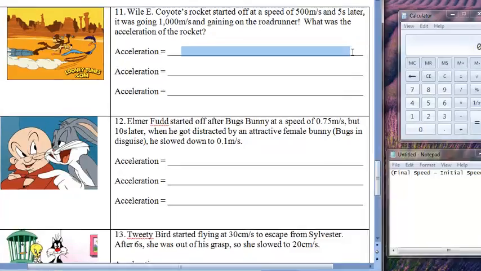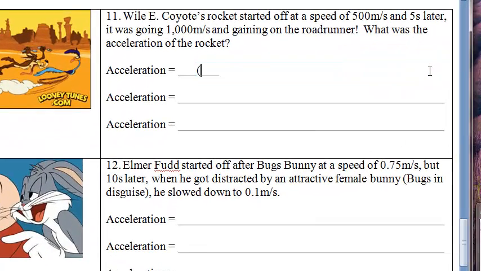We need his final speed, 1,000 meters per second, minus the initial speed, 500 meters per second, divided by the time, which was 5 seconds.